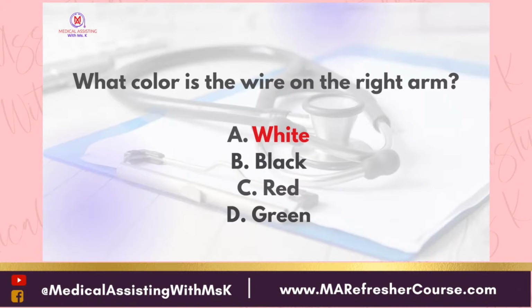Now when it comes to V1 through V6, those can all be brown, or V1 will be red, V2 will be yellow, V3 green, V4 blue, V5 orange, and V6 purple. Or again, like I said, they can all be brown.